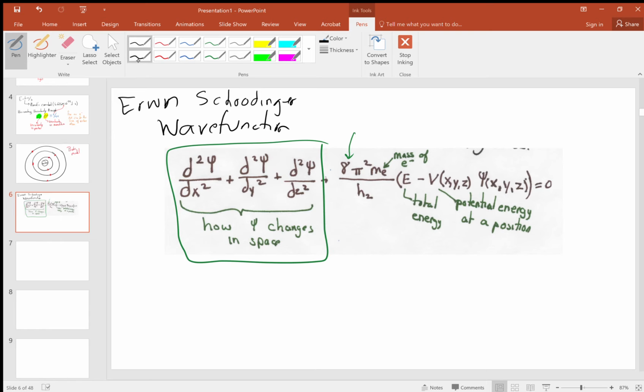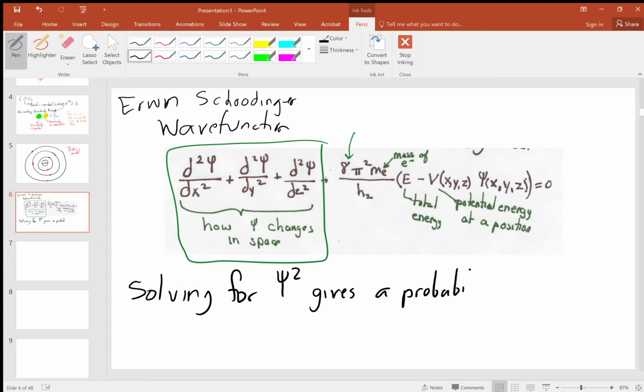But what can be done, and what has been done, is that solving it specifically for psi squared gives a probability for finding an electron.